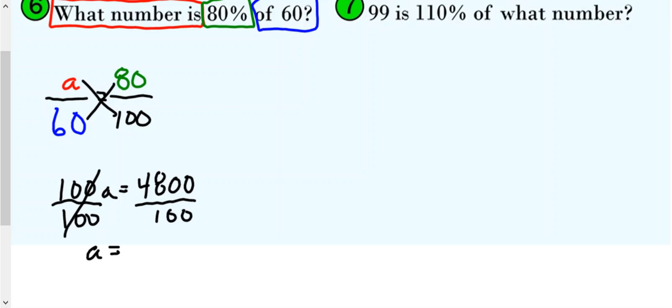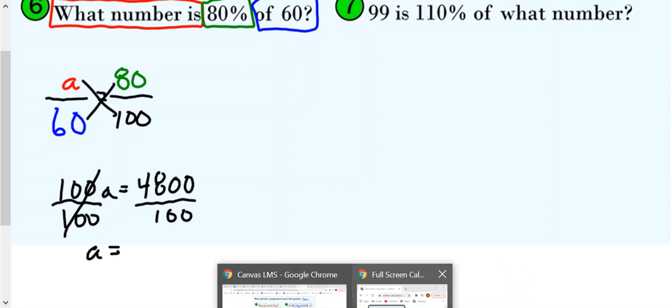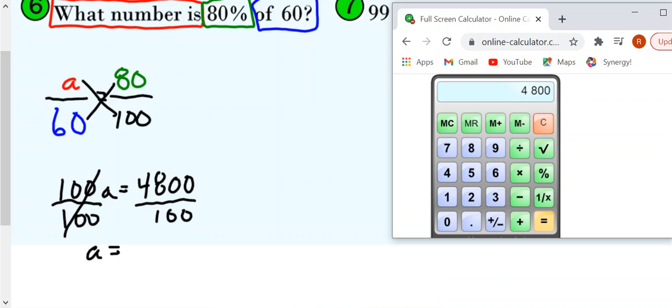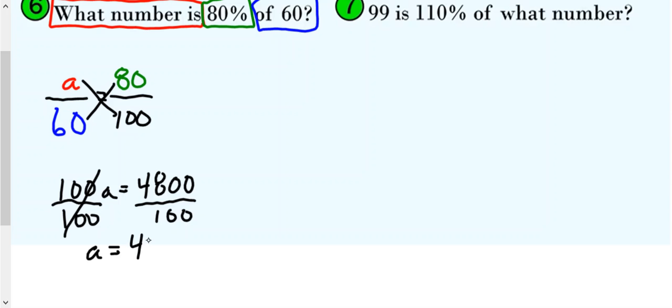And we'll bring back that calculator. 4,800 divided by 100, and we get 48. So 48 is 80% of 60.